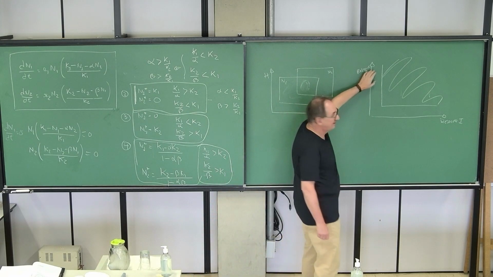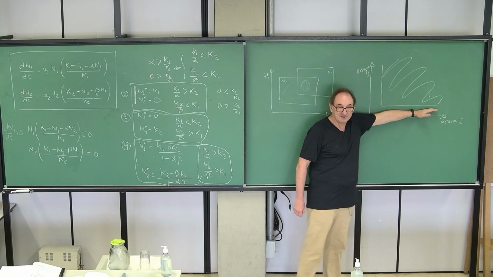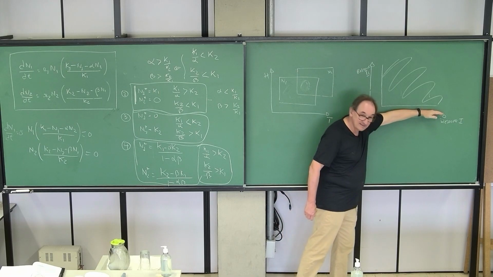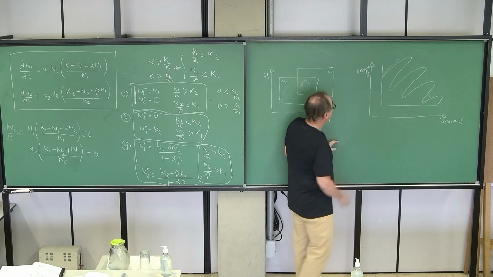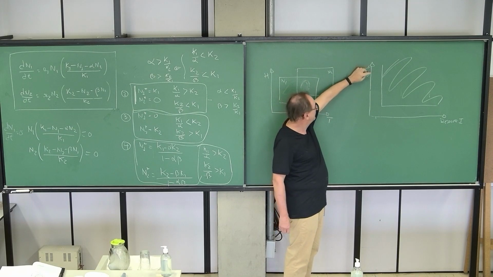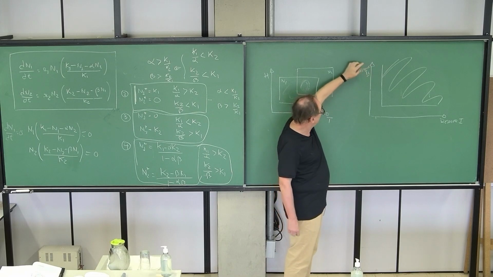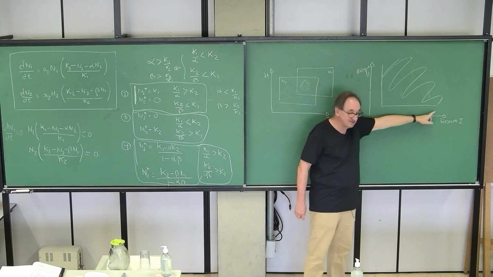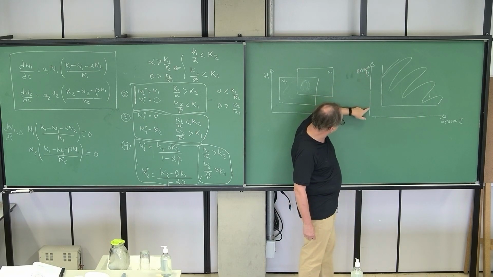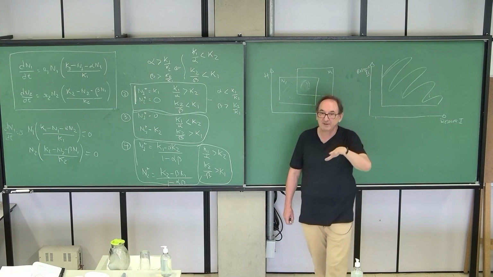In this region, the species cannot survive. If resource 1 has a small value here, even if resource 2 has a super high value, you cannot survive because resource 1 is essential. And vice versa: resource 2 is also essential, because if you have a small value of resource 2, even with a big value of the other resource, you cannot survive. Both of them are essential in this case.